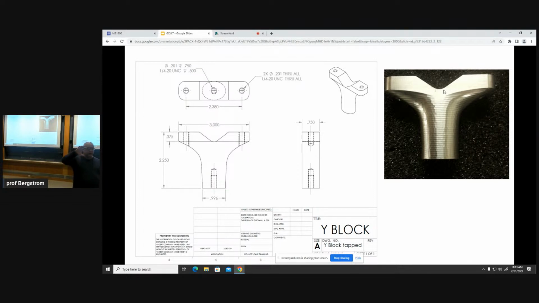Okay, so our Y block. So what's the other function? So it holds the cylinder. I'm going to talk about functional tolerances right now. It holds the cylinder in place by allowing the strap to come down on top. What else does it do? So it attaches to the base.